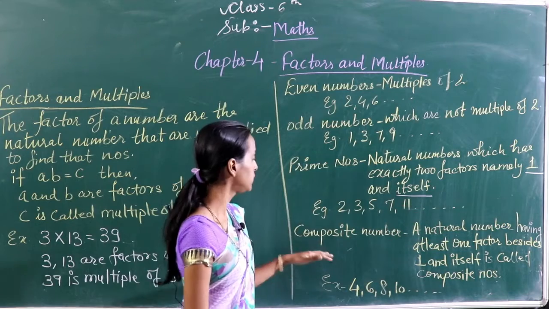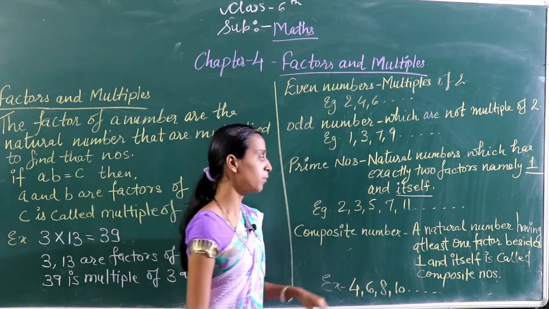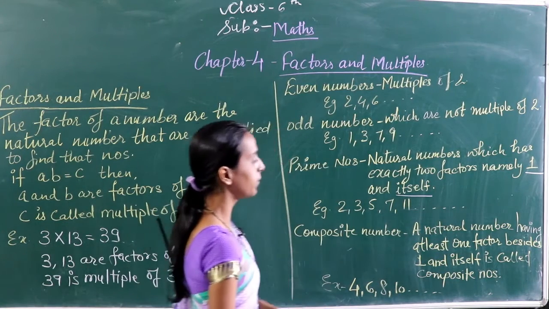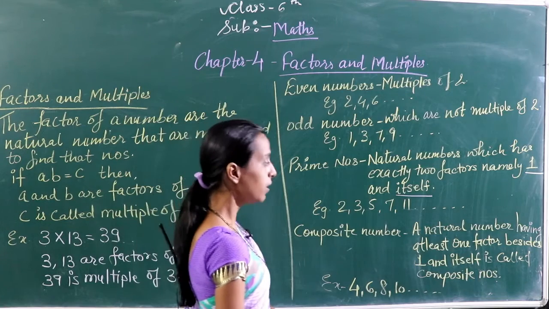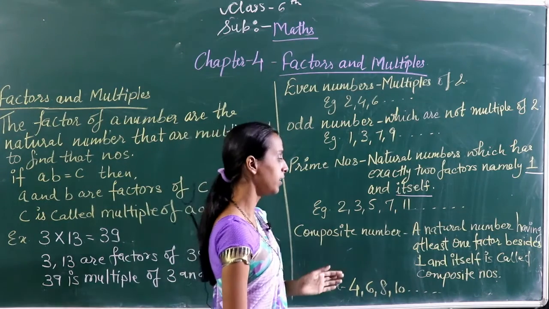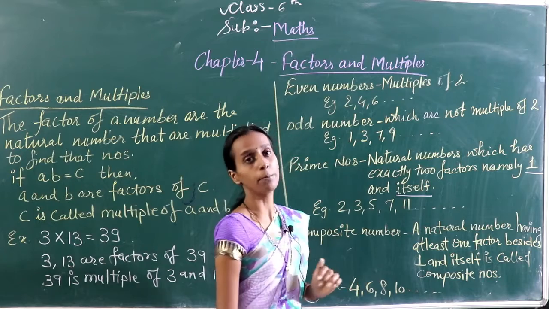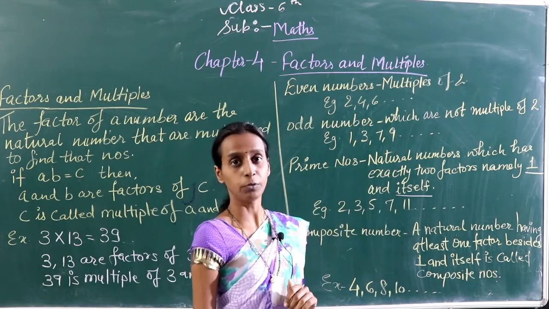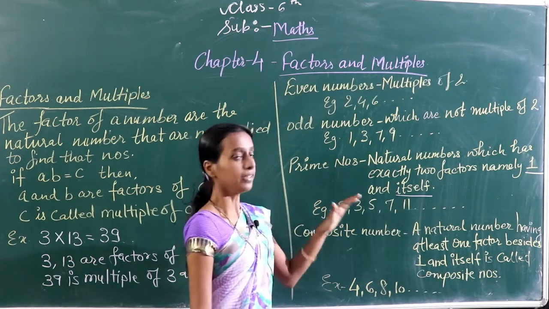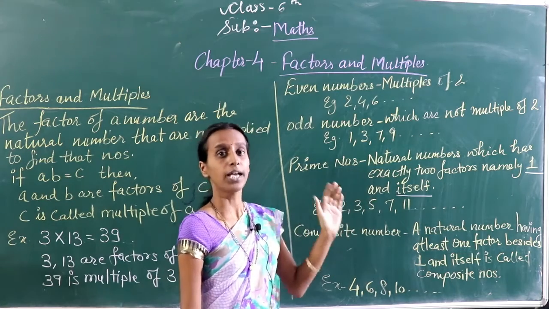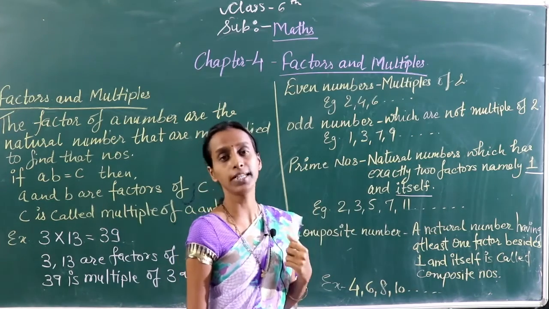Okay, next is composite numbers. What are composite numbers? A natural number having at least 1 factor besides 1 and itself is called a composite number. That means 1 और itself के अलावा उसका एक और फैक्टर होगा, that will be called a composite number.